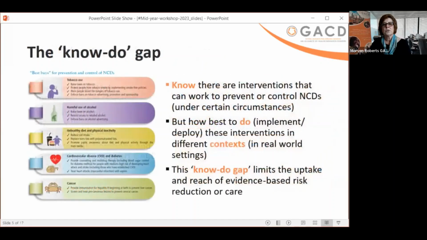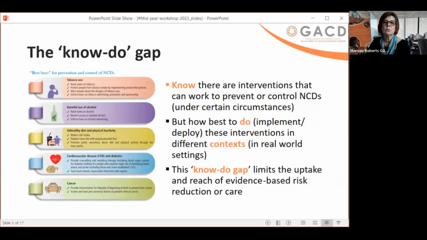And today's workshop has a bit of a theme. We've got the context theme. And what I wanted to say is that when it comes to chronic diseases, we do already know that there are a number of interventions or innovations that can work. For example, lowering salt intake, reducing tobacco or alcohol intake are examples of interventions that can work.